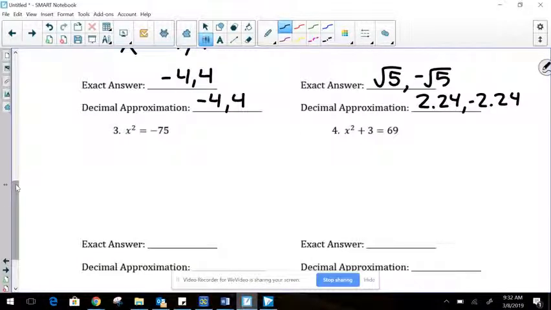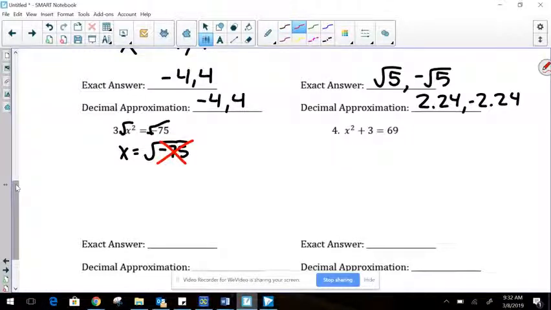Okay, number 3, I'm going to, again, take the square root of both sides. So I have x equals the square root of negative 75. If you're plugging into your calculator, it's giving you something weird, right? So second square root of negative 75, domain error, what? So we cannot take square roots of negative numbers, ever.